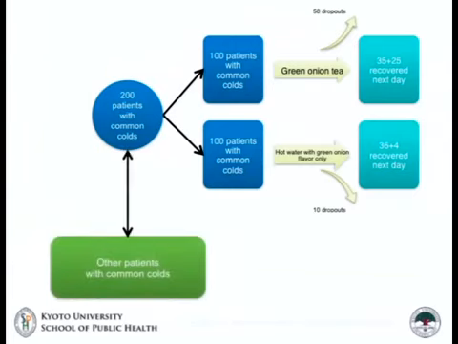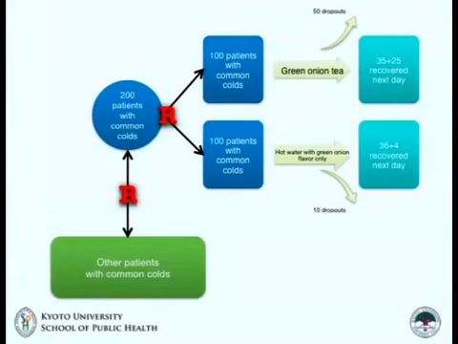Now, we want to know if this study's results apply to other patients with common colds. Random allocation was vital to ensuring internal validity. To ensure external validity, the ideal is random sampling.